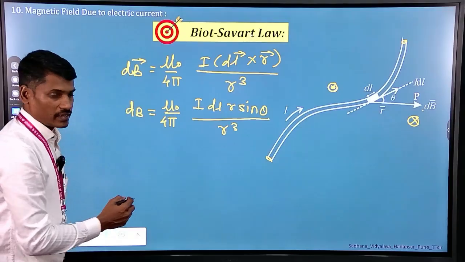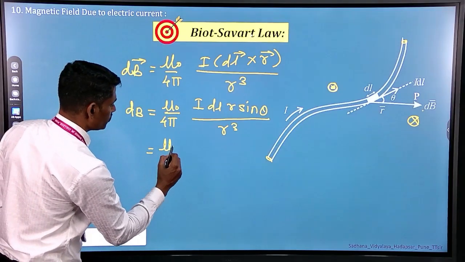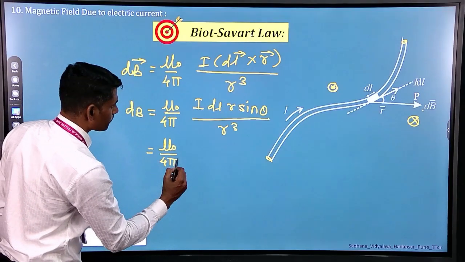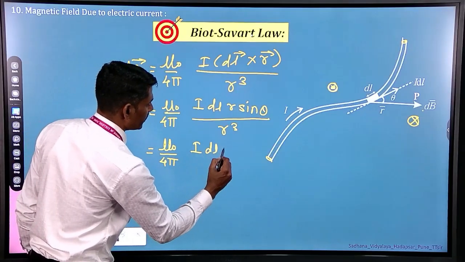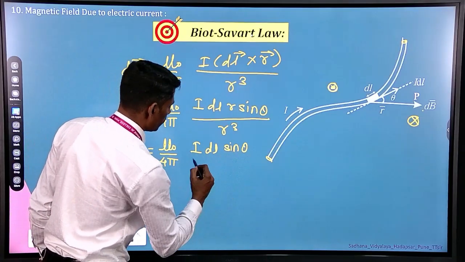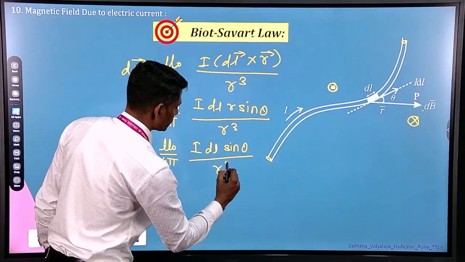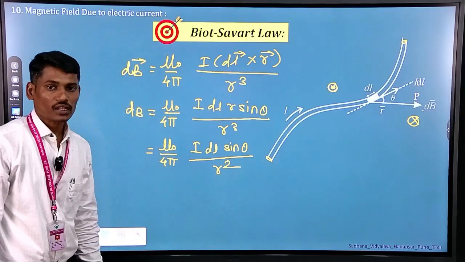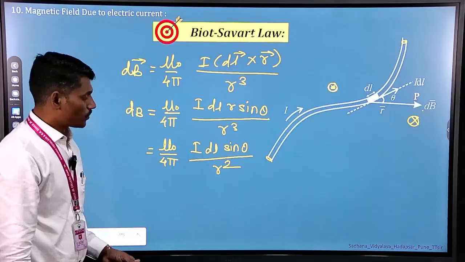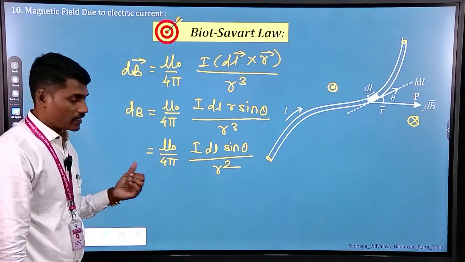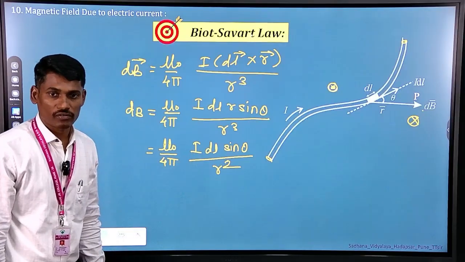Here r gets cancelled, we get the formula mu0 upon 4 pi, I dl sin theta upon r cube, right? Sorry, r square. Now what is the proportionality? Here dB is directly proportional to what? Current flowing through the wire.